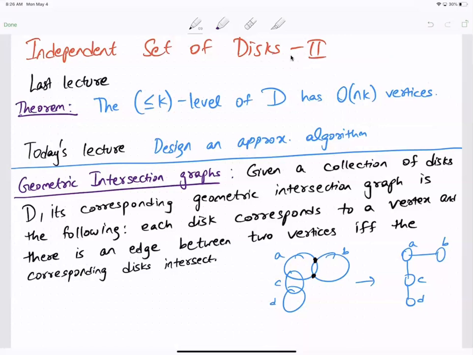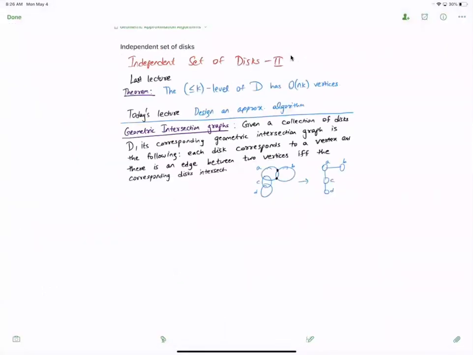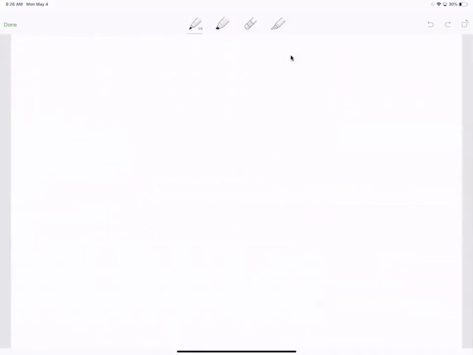Then it's easy to see that the total number of vertices in our disks is order of nk. It's just a special case of this theorem, because the max depth itself is k, you cannot have more than nk vertices in your collection of disks. So let me write that down and then translate to what that means in the geometric intersection graph setting.